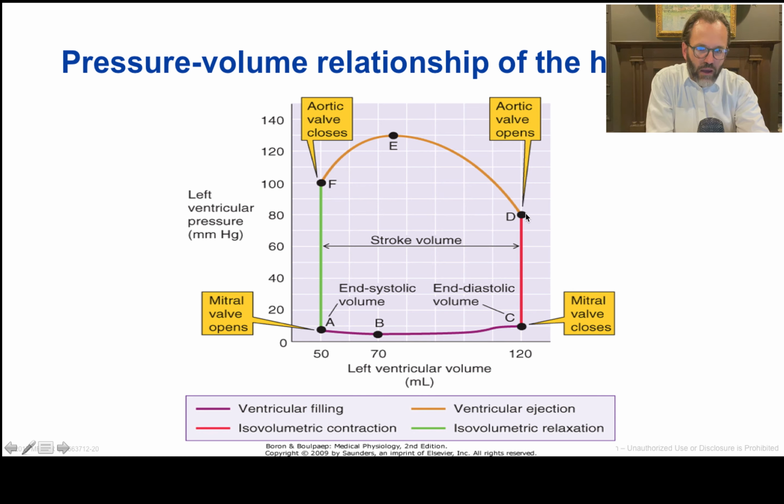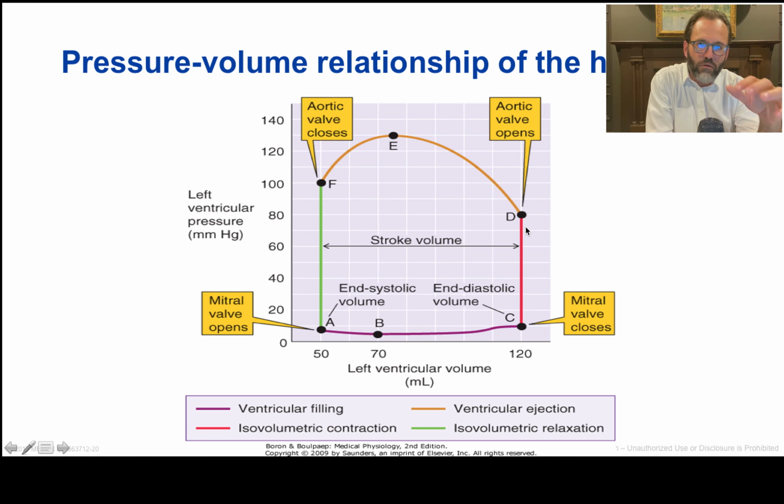And subsequently, pressure is sufficient to exceed aortic pressure. The aortic valve opens. We have this increase in pressure that results in an ejection of blood out from the left ventricle into the aorta. Then a period of isovolumetric relaxation. You can see there, the aortic valve closes. We have a vertical drop in pressure for isovolumetric relaxation, and then we go through the cardiac cycle again.